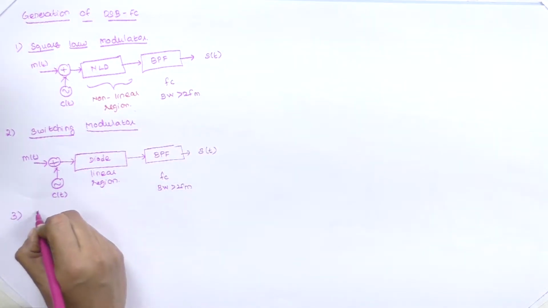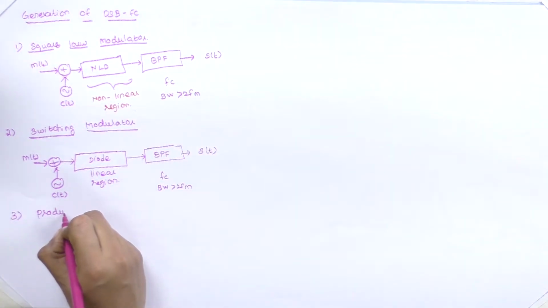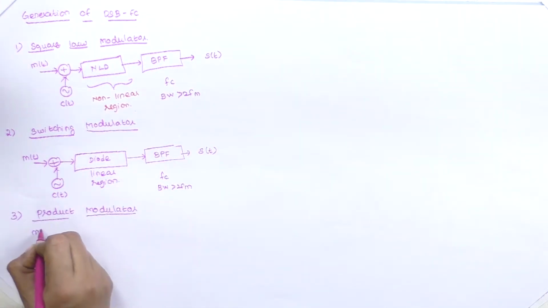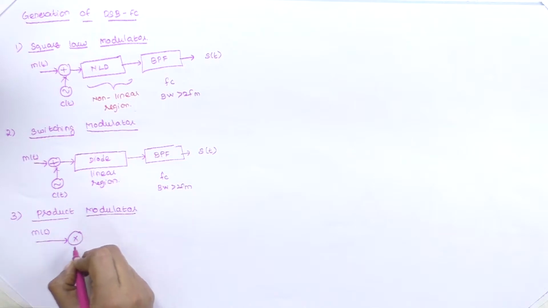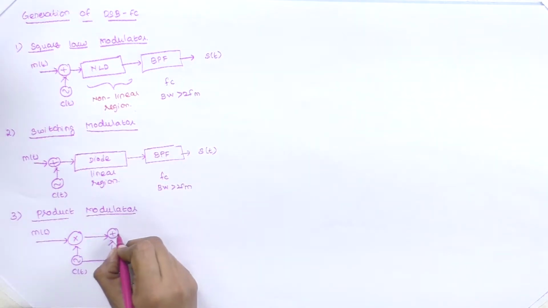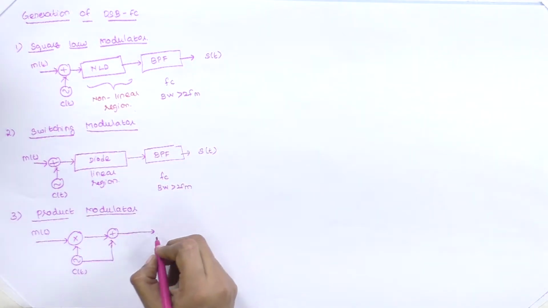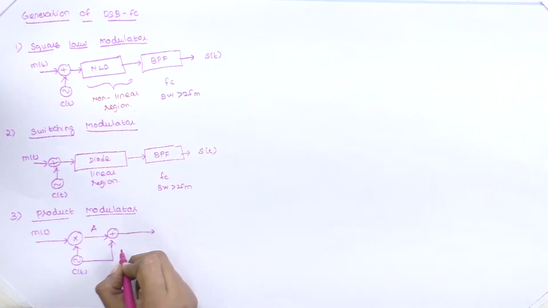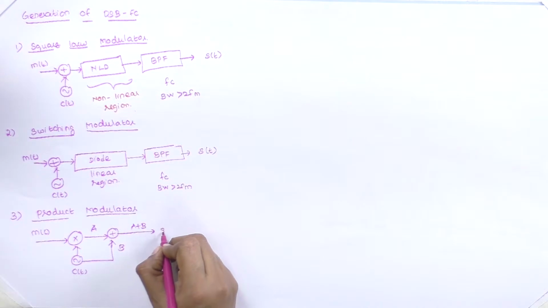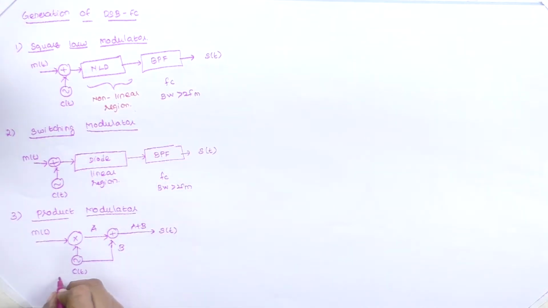And the third one we have seen is the product modulator. In the product modulator, our message signal M of T is first applied to a multiplier, with C of T. The resultant is added together with the carrier signal. If it is A and B, then the resultant will be A plus B, which gives the amplitude modulated wave.